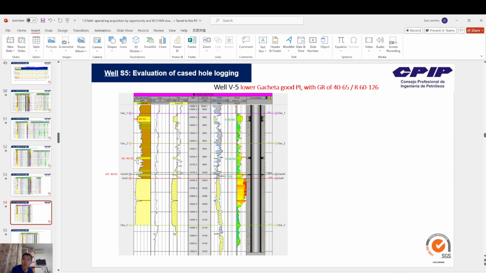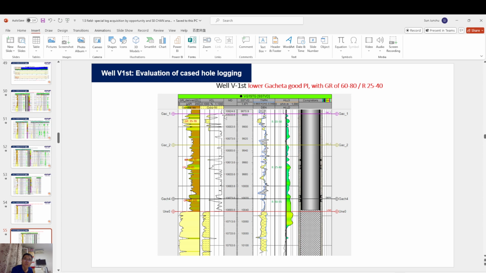Gogeta 2 40 to 60, Gogeta 4 40 to 65, and the gamma ray in the main Gogeta 1 is 50 to 60, Gogeta 2 60 to 90, Gogeta 4 125. Well V2 sidetrack.